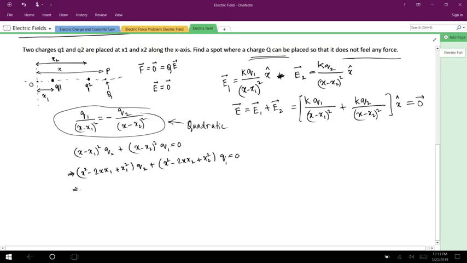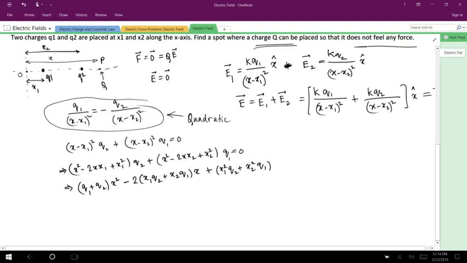Okay, we can go further and write (q1 plus q2) times x squared, minus 2 times (x1 q2 plus x2 q1) times x, plus finally we have x1 squared q2 plus x2 squared q1 equals 0.